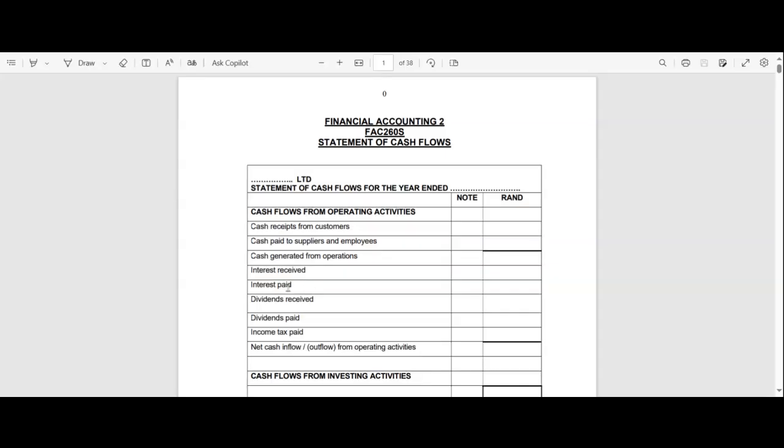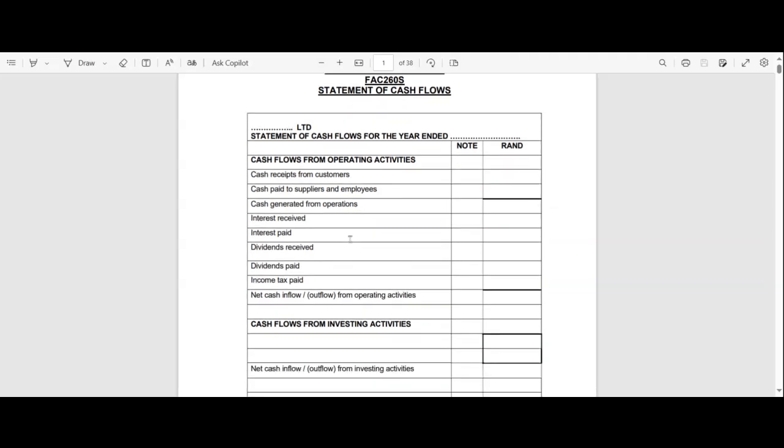If we've got our finance cost figure, how can we convert it to a cash flow? If we have dividend income, how can we convert it to a cash flow, right? And so on. But the point is, ladies and gentlemen, here on this face of the statement of cash flows, no incomes, no expenses, no balances regarding assets or liabilities or equity, only inflows and outflows of cash.